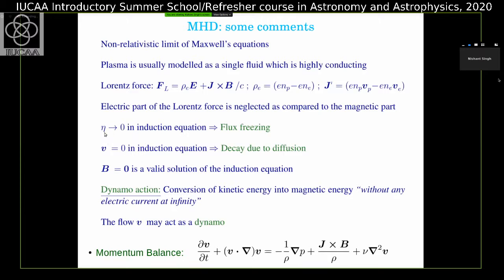You can immediately see that if you take the limit eta going to 0 in the induction equation, that becomes a flux freezing case. I'll write it down once again, and we'll show one simple consequence of that. But this is something that you've already seen in terms of the Kelvin circulation theorem.